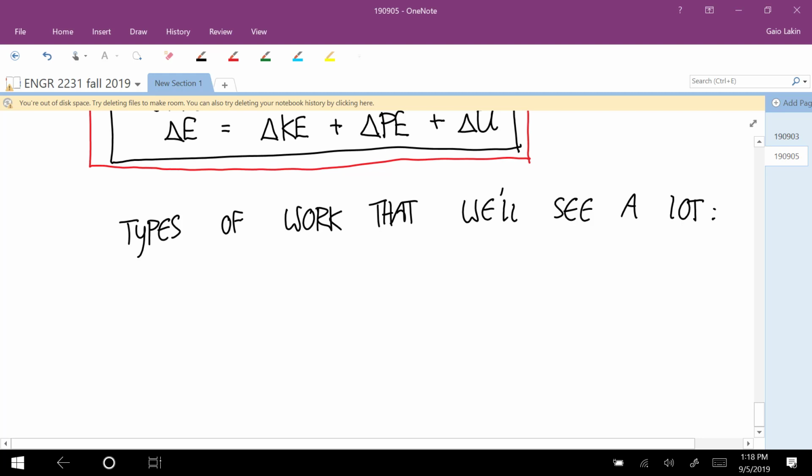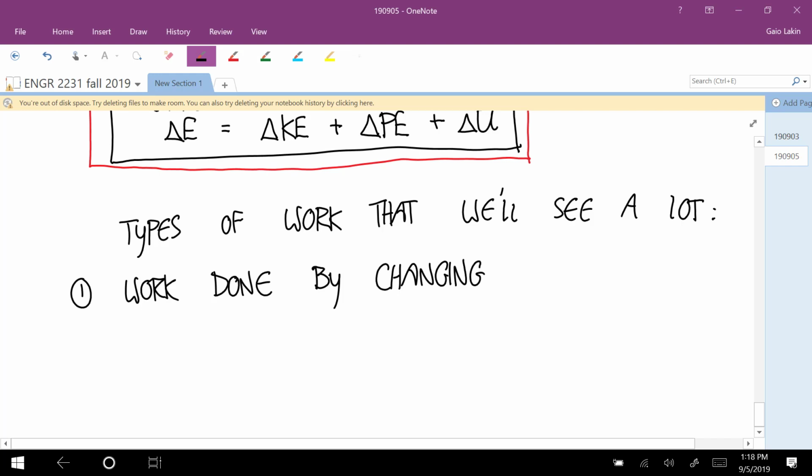The first one is work done by changing the boundary, the system boundary.